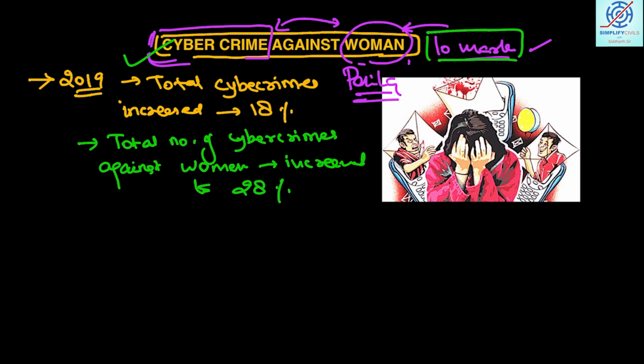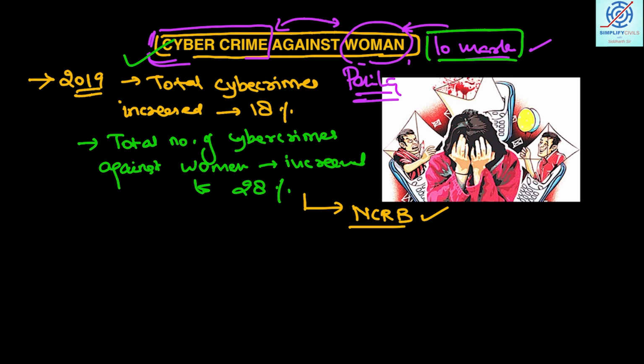You see the difference. Against women, the rise is much more in comparison to the total number of cybercrimes. This data is given by NCRB, the National Crime Record Bureau.